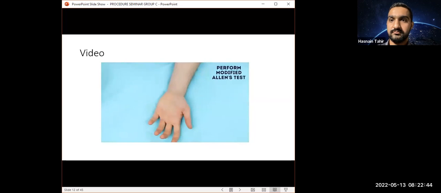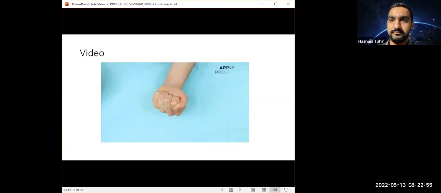James, I'm just going to do a quick test to assess the blood supply to your hand. Could you just make a very tight fist for me? And hold it there. I'm now going to press on each side of the wrist. Keep your fist as it is.